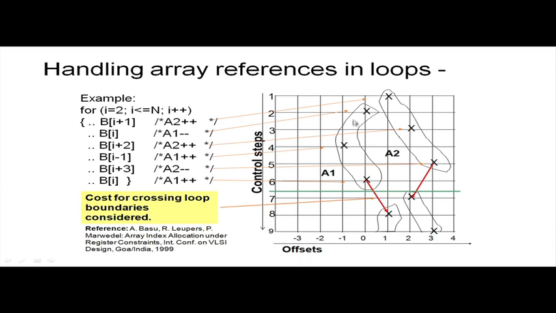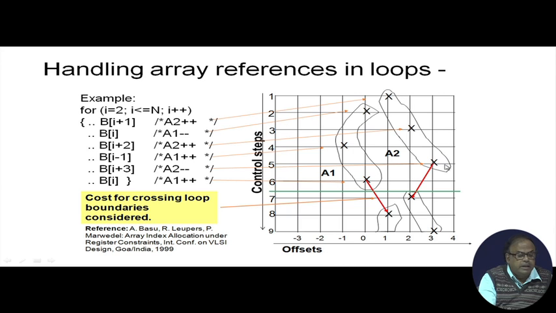A1 can devote itself to these accesses, and A2 to these accesses. However, there are some cases where there are loads. Here there is no auto increment, but yes, you can do that here also. It is still auto increment, auto decrement between clusters.